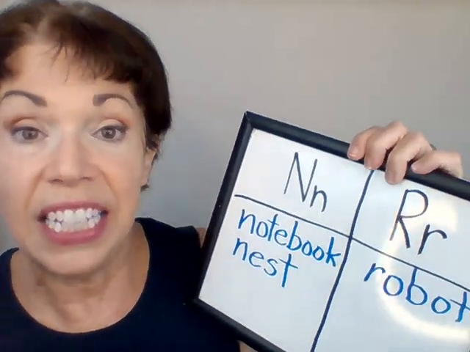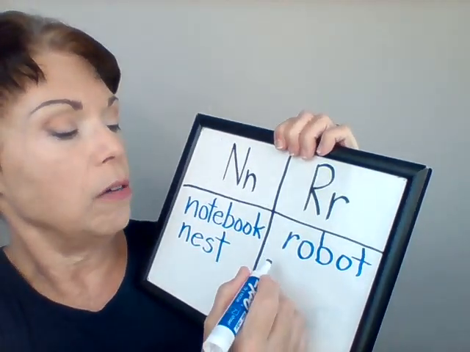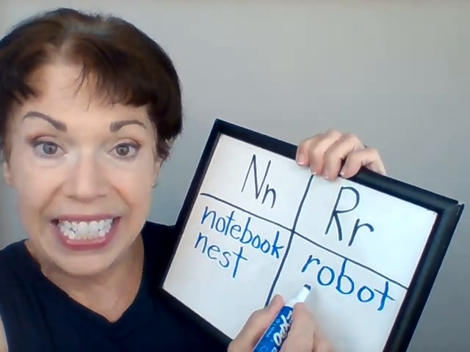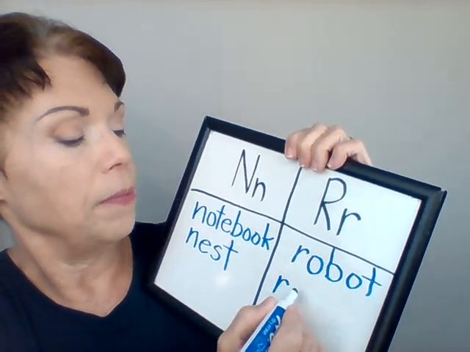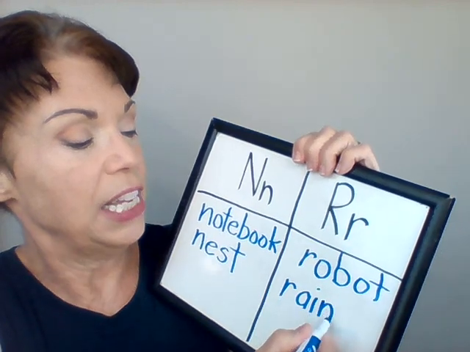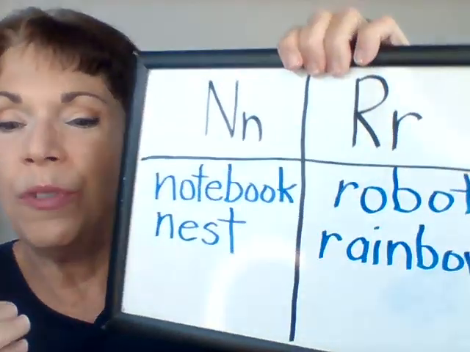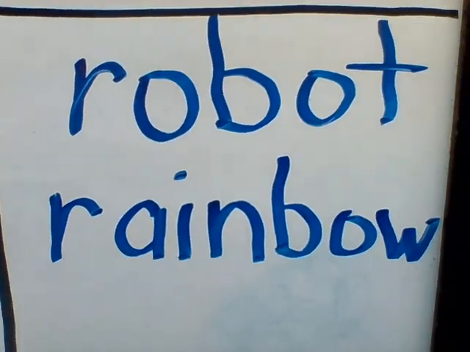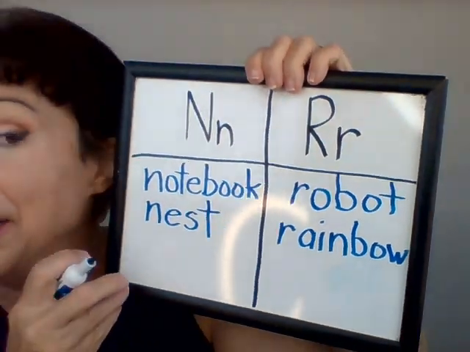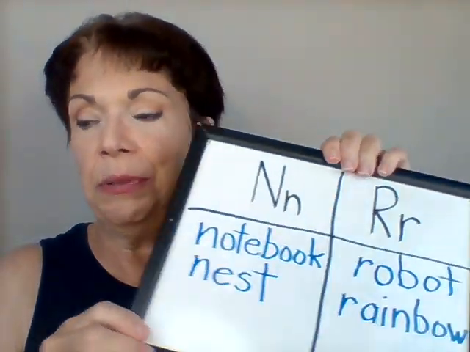Say rainbow. Good. Let's write that word on my R side of the graph. Here we go. Spell rainbow. Ready, set, go. R-A-I-N-B-O-W. Rainbow. I have two words now on my letter graph that begin with the R sound.